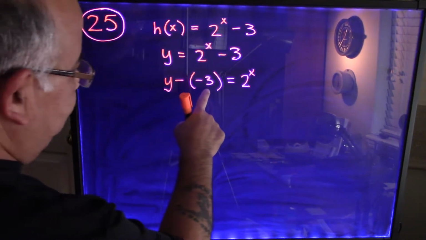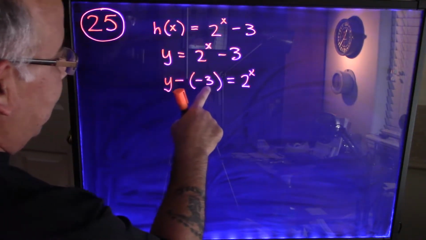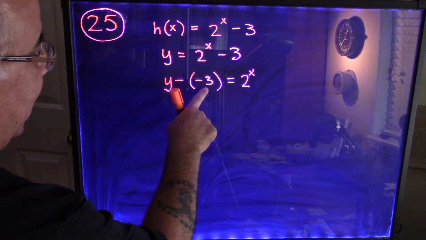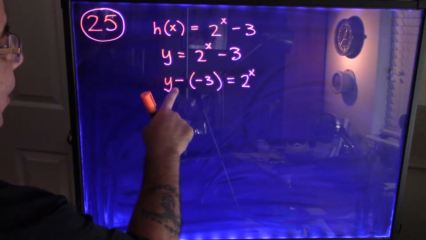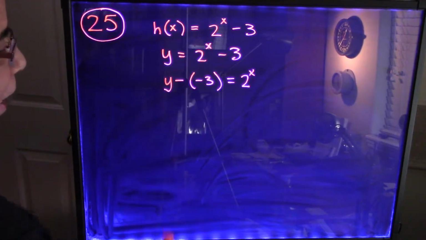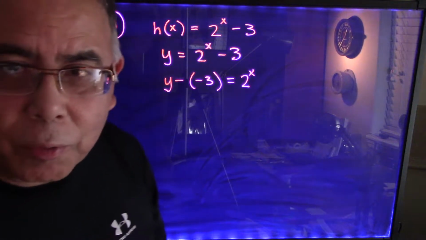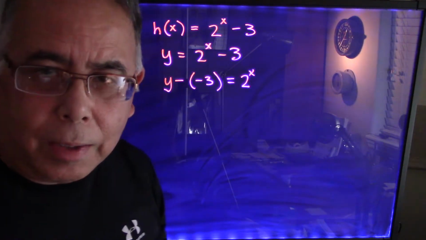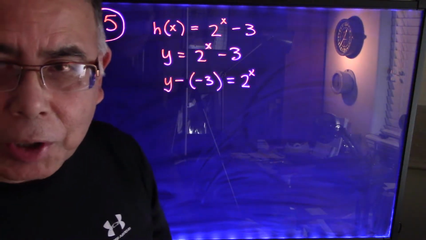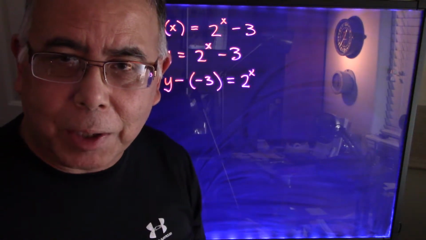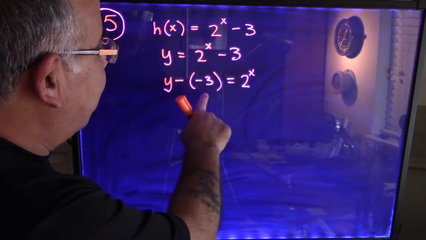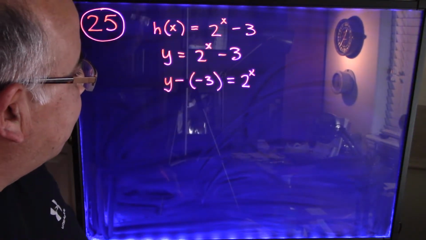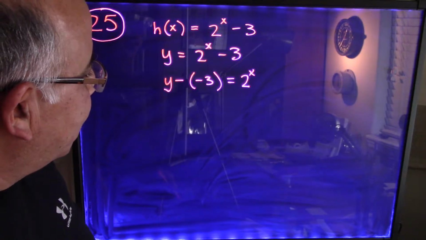So what this is going to do is shift the original graph down 3 units. You know it's going to go down because this is next to the y. Think y-axis as being vertical, up and down. And then the negative 3 is a downshift. If it were positive 3, it would be an upshift. Remember, it's always written as y minus something, and that something tells you which way to go.